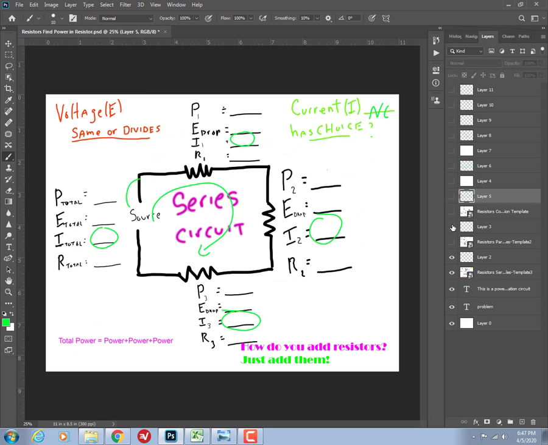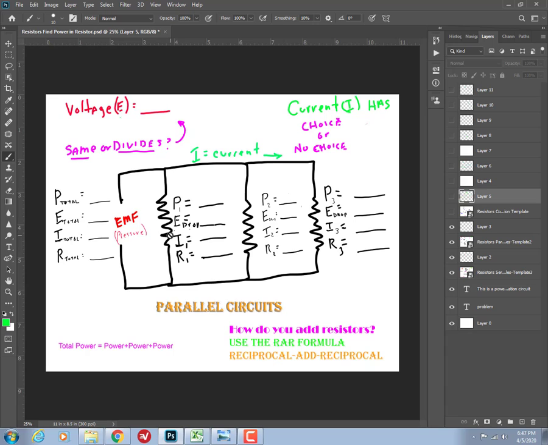Well, if we review the parallel rules, does the voltage stay the same, or does it divide? Well, it stays the same. Okay, the voltage here stays the same.